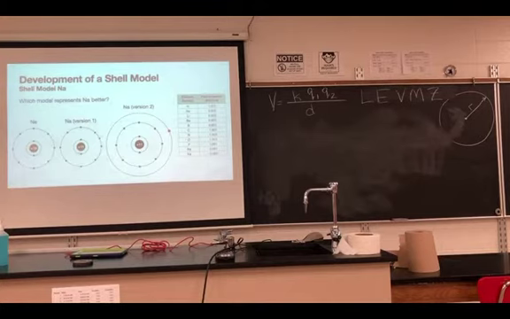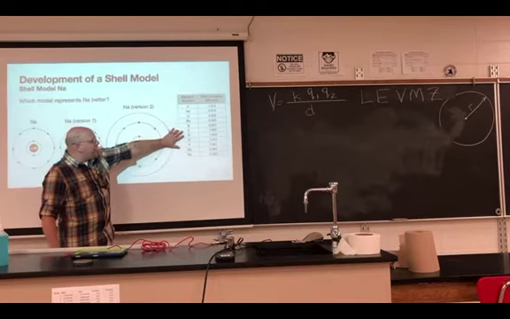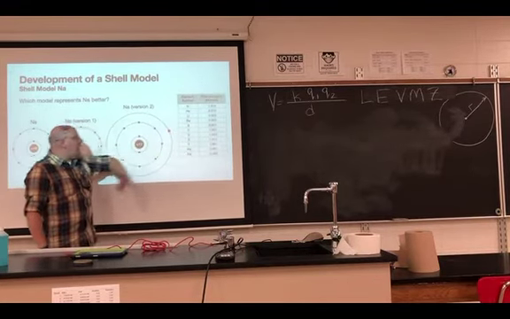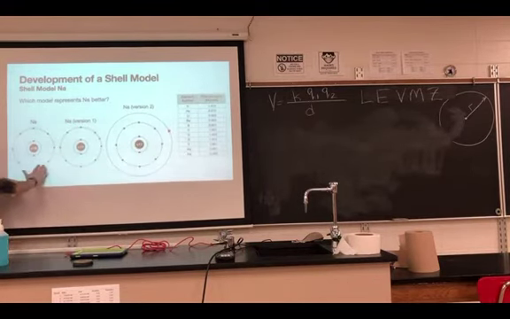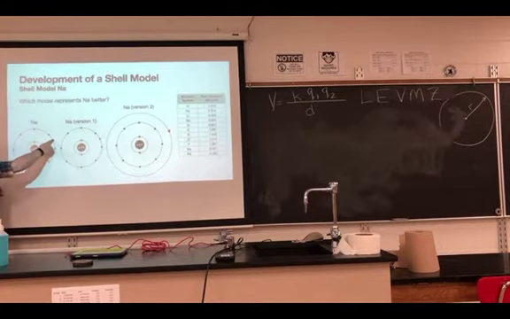We looked at first ionization energy data, and we saw that between helium and lithium, there was a big drop in ionization energy, which means that we went from one shell with 2 electrons to a second shell for the extra electron in lithium.